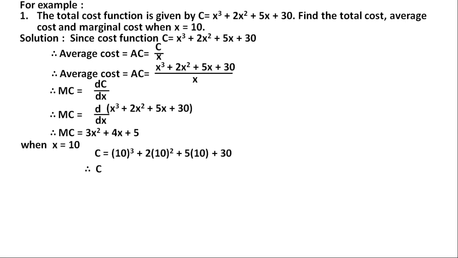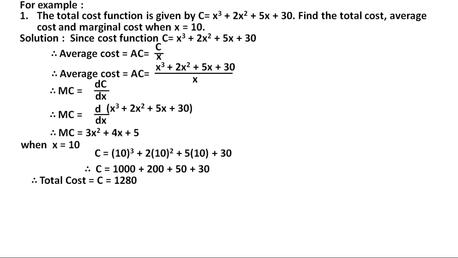Therefore, when x is equal to 10, the total cost C is equal to 1280. Okay, you get 1280.